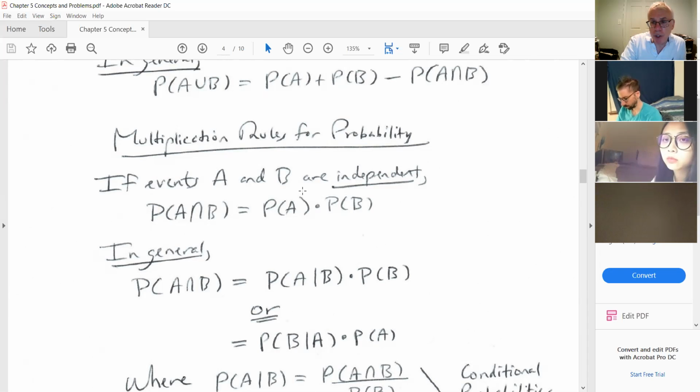When I say two events are independent, it means that if you have one event and then another event occurs, let's say you have event A, and here comes event B. Event A and event B are independent of one another if the probability of event A does not change with the appearance of event B.